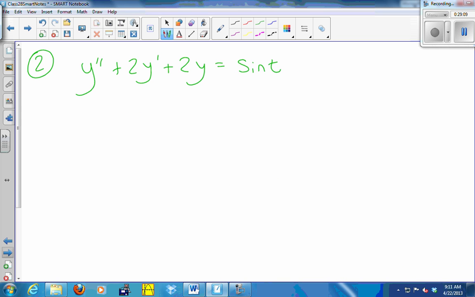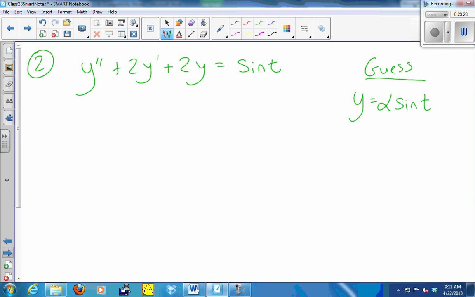So we need a guess. It's a good choice to pick your guess to have the same form as the forcing function.